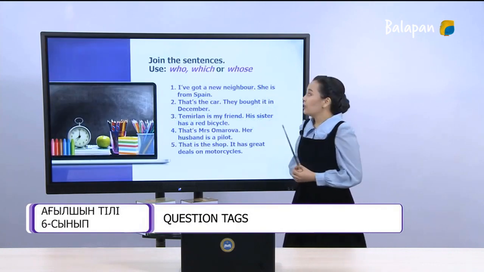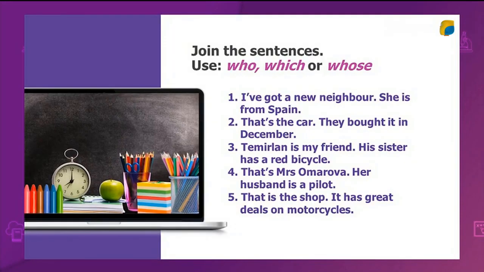Next task. Join these sentences. Use who, which, or whose. You have some time to do this task.